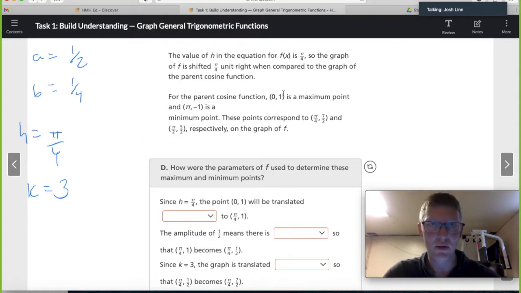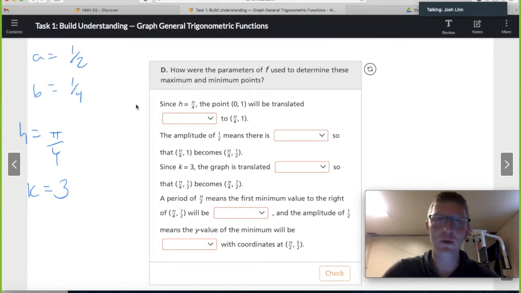So the 0 in (0, 1) becomes pi over 4, and where do they get 7 over 2? You start at the midline, which is at 3, and then you add 1/2 to it, and then they just convert it into a fraction. So you can use these parameters to find the max and minimums. Cool. All right.